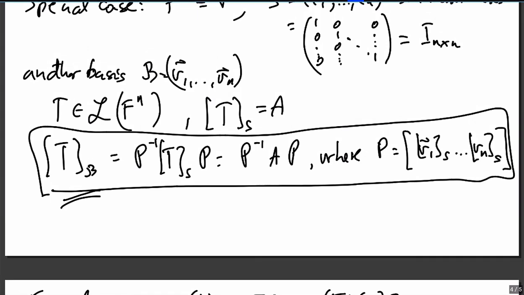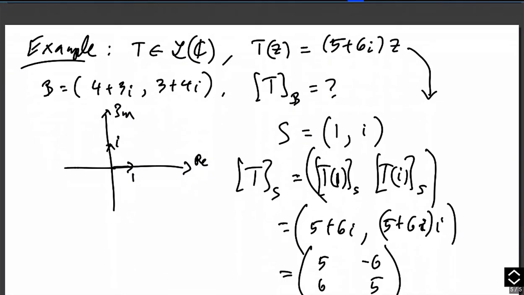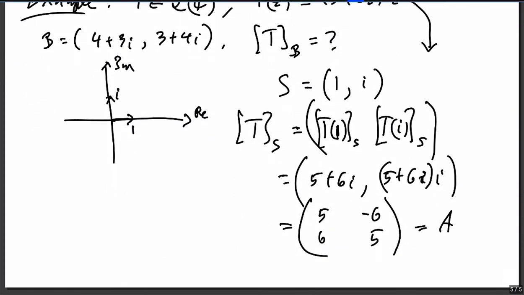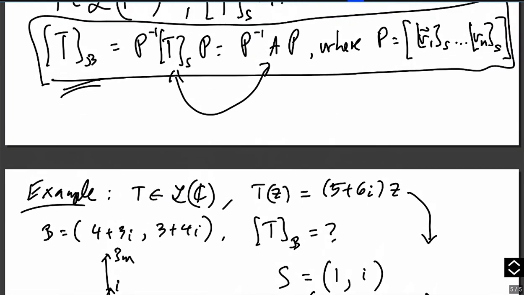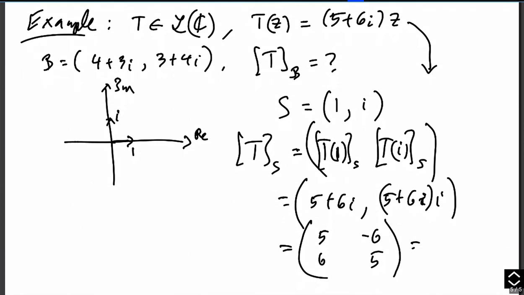In the B basis, we need this A matrix in the standard basis. So this is what we got right now. We don't need a notation really for that. This is T of S, the standard basis representation of the transformation.